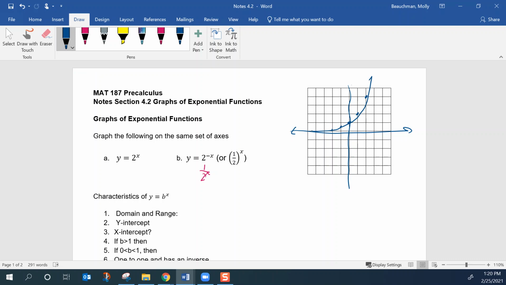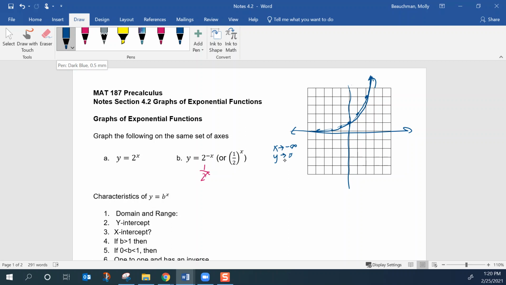So our function increases without bound as x approaches infinity, but as x approaches negative infinity, the y values approach 0.